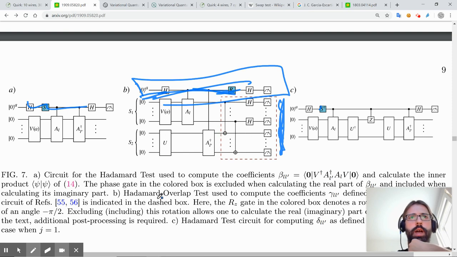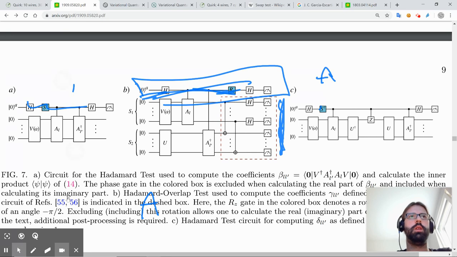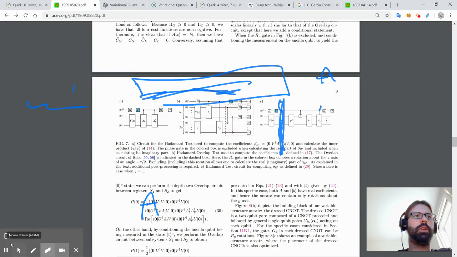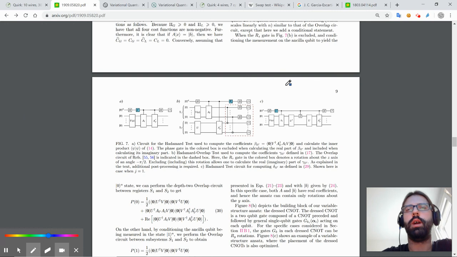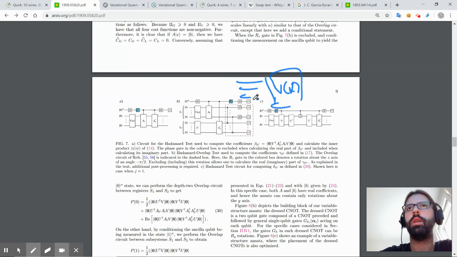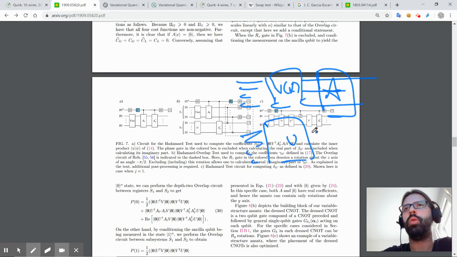If I was able to figure out how to implement A, then I would just find a circuit that prepares this thing in a box, then applies A, and then you have another register where you have U, and there you do the overlap test, and there you go.